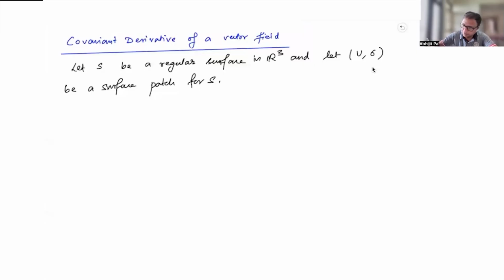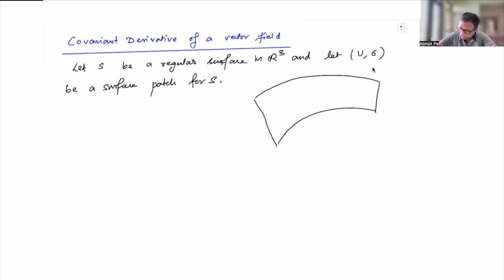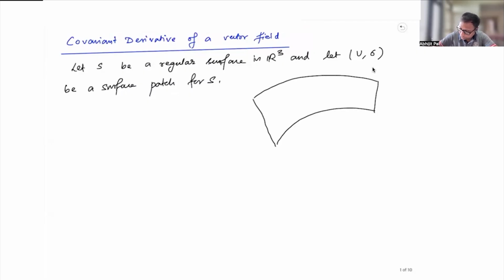So let me draw a picture. So this is my, say, surface patch. So this sigma of U is contained in S.